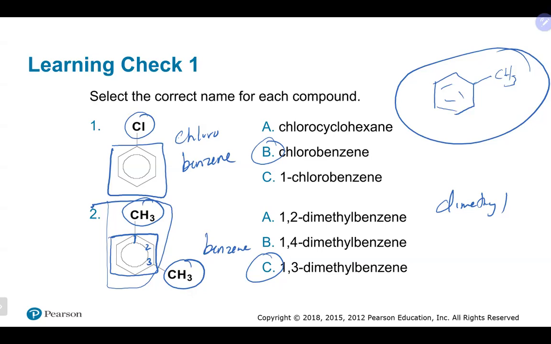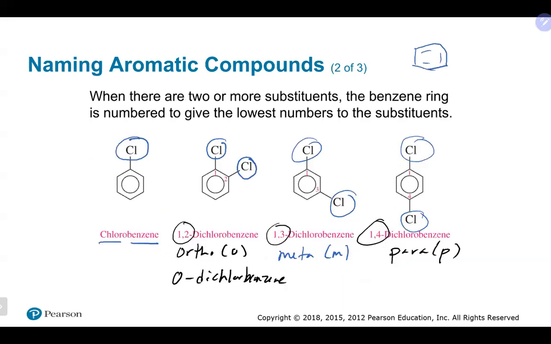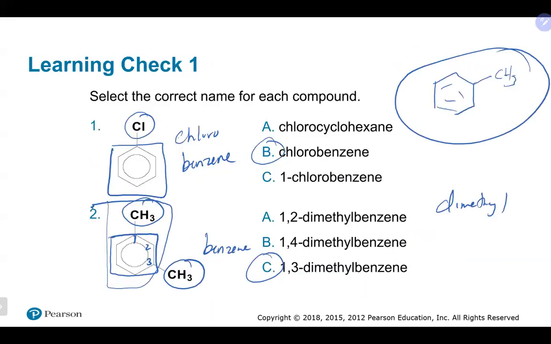No matter where it's at, if you have a methyl group with a benzene ring, it's historically called toluene. The IUPAC name would be methylbenzene. But that is a common name that will still be used a lot, still today. Any questions on that there?